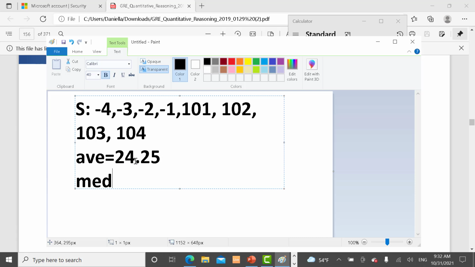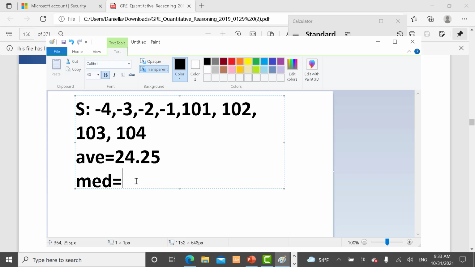Now the median. First of all, you notice that I already created the set of 8 numbers in ascending order. So the median of this set is basically the average between -1 and 101, because there are 8 numbers, an even count, so the median should be the average of the 4th number and the 5th number.